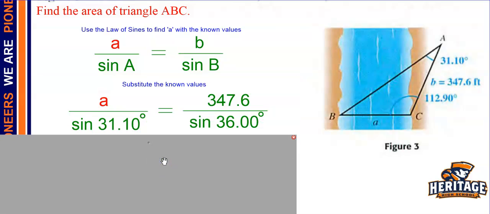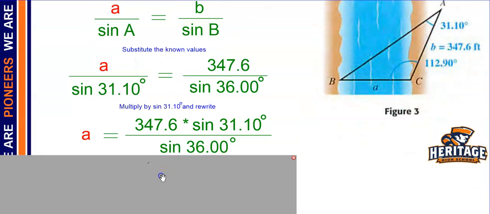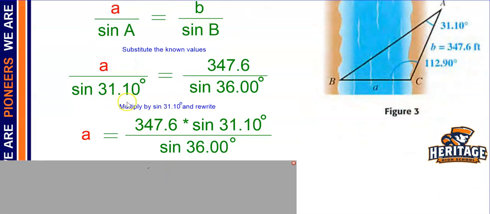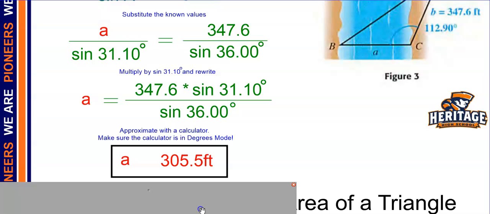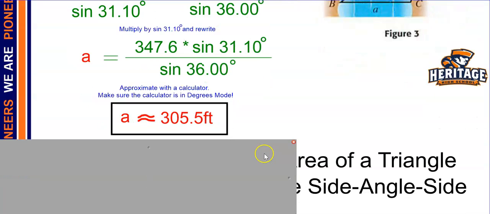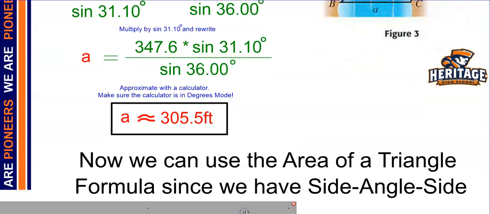We know all the angles, and we know the measurement of side B. Multiply both sides by the sine of 31.1, so the A is by itself. Put this entire thing in the calculator, and we get that A is approximately equal to 305.5 feet.